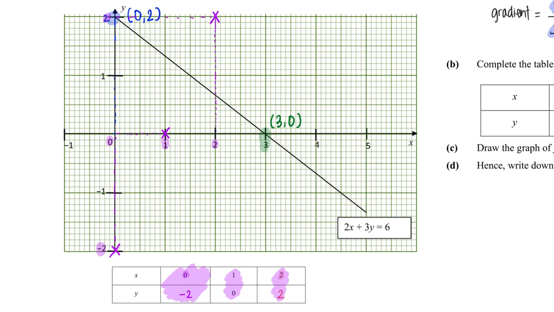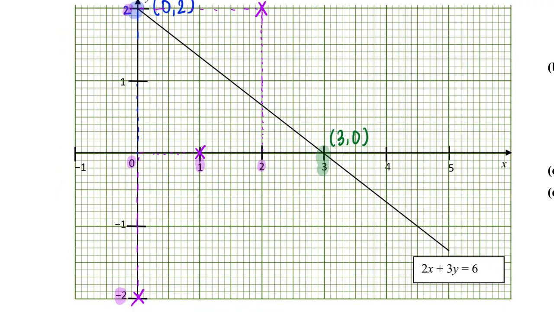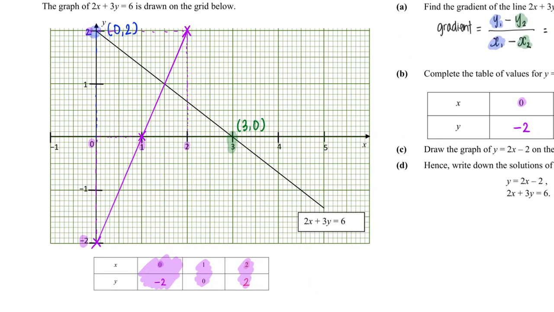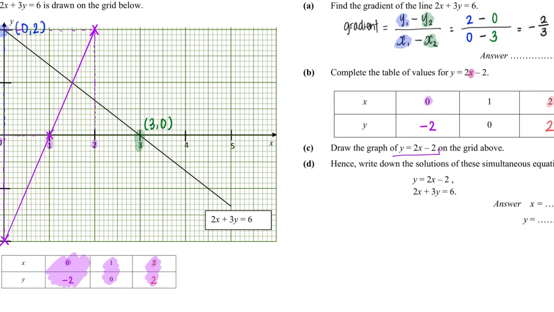And after which, please take out a ruler. Now that I got these 3 points here, I'm going to take out a ruler and join these 3 dots. Please also remember to label y equals to 2x minus 2.